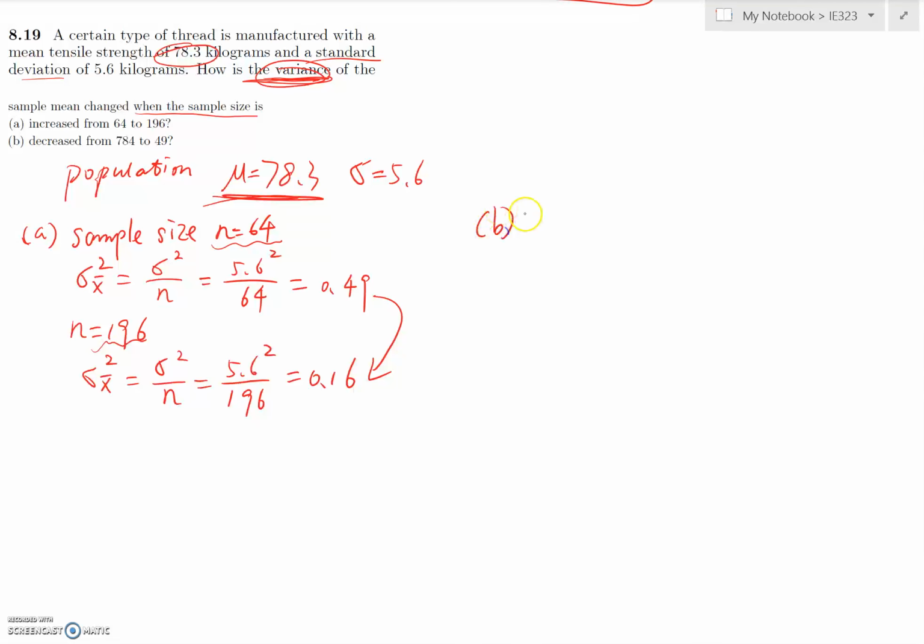So for problem B, when n equals 784, sigma x bar squared equals sigma squared divided by n. This is just the same formula as problem A, so I will speed up. So this equals 0.04.